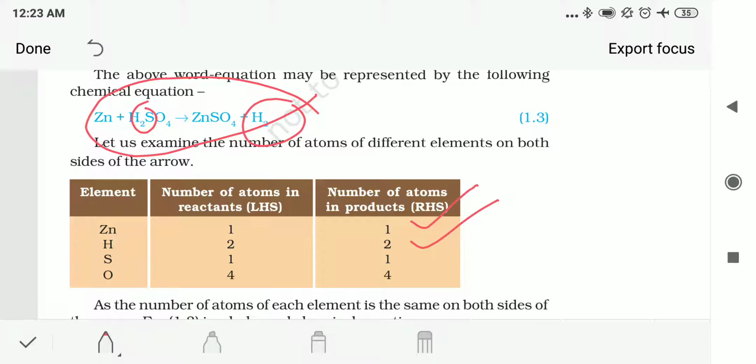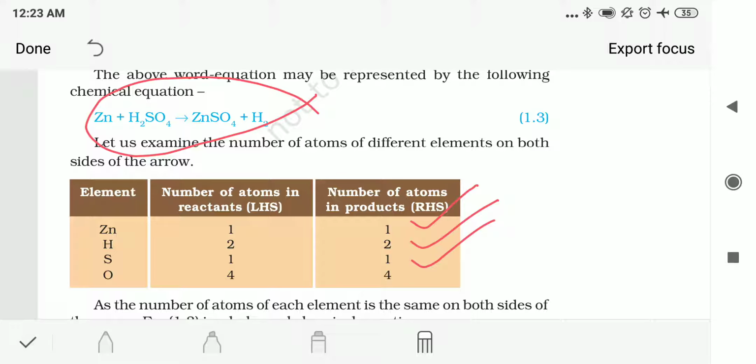Now we will take another element, sulfur. On the left hand side sulfur has one atom, and on the right hand side also sulfur has one atom. So sulfur is also balanced. Next we will see oxygen.